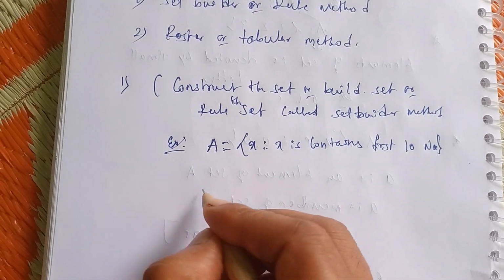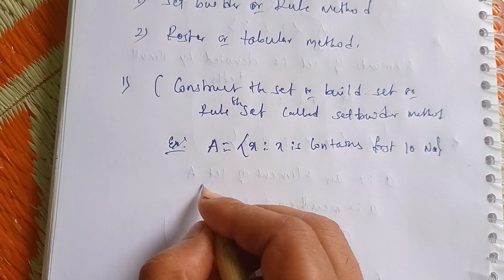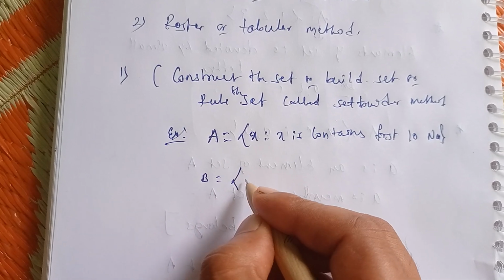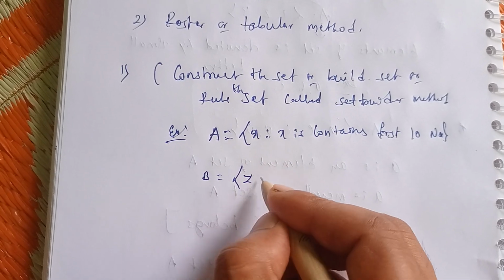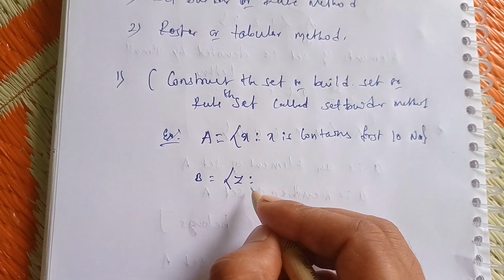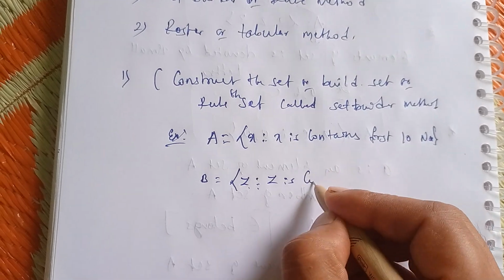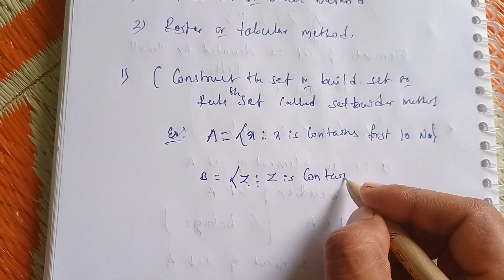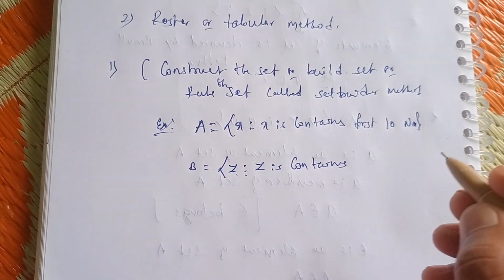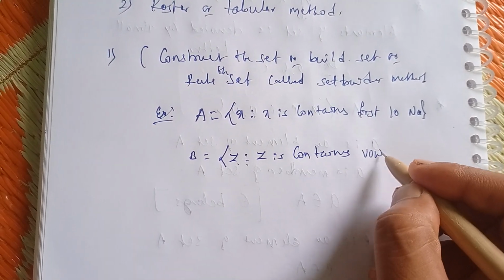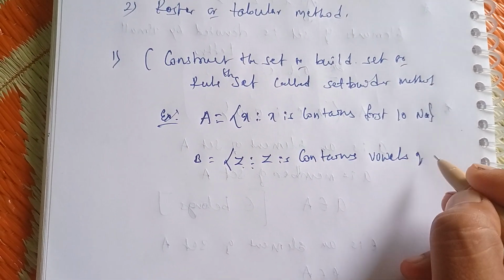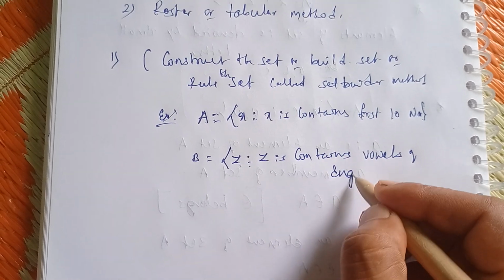One more example: B equal to z, such that z contains vowels of English alphabets.